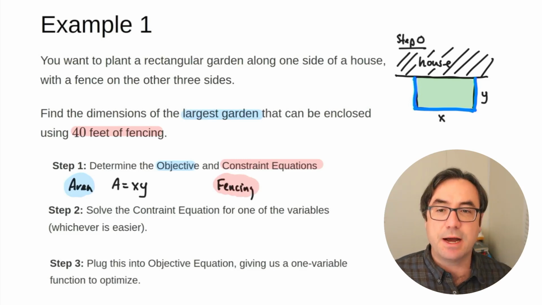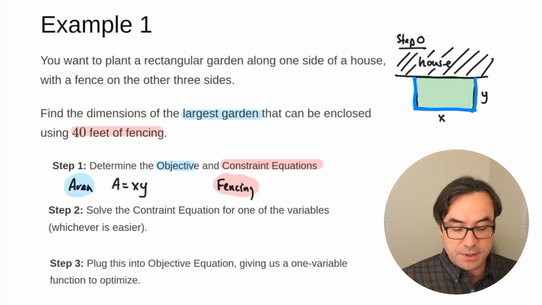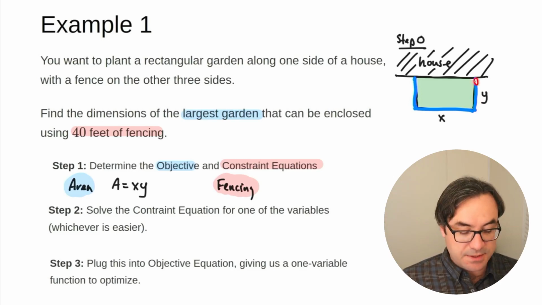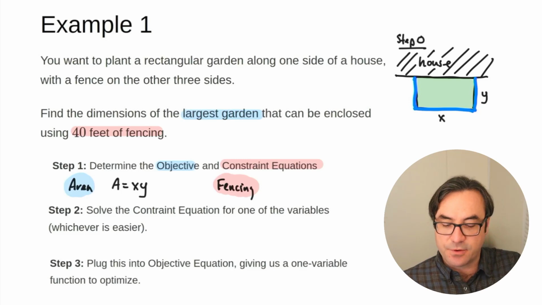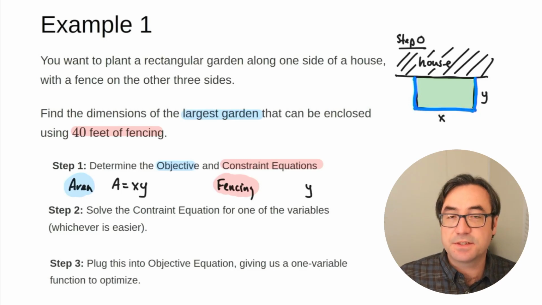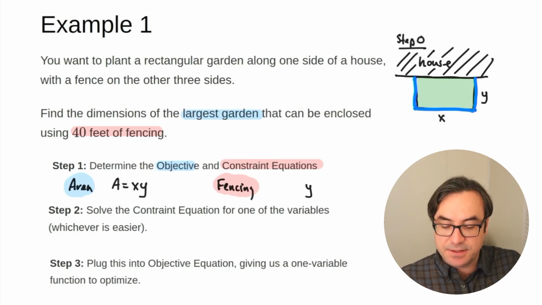Let's think about how much fencing it would take to fence in this side right here. Well, y represents the length, so it would take y amount of fencing for that side. And then x is the length of this side, so that would take x amount of fencing.